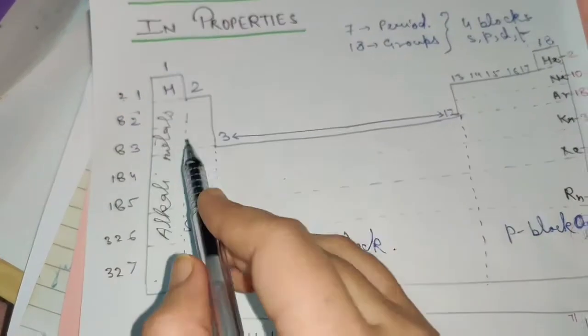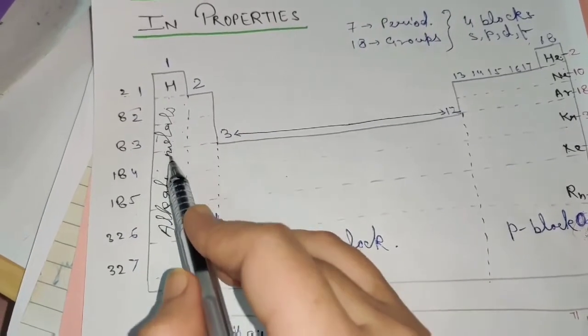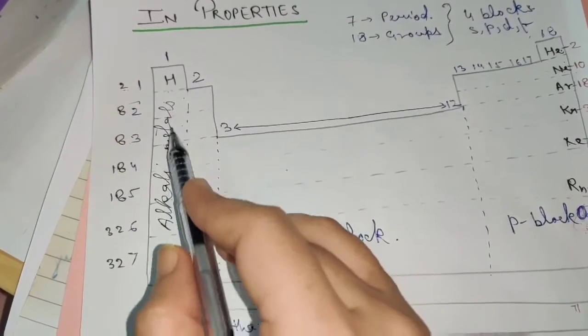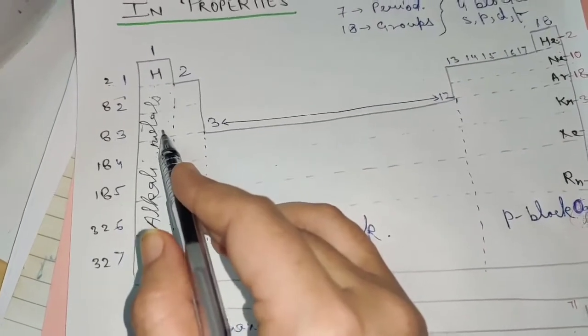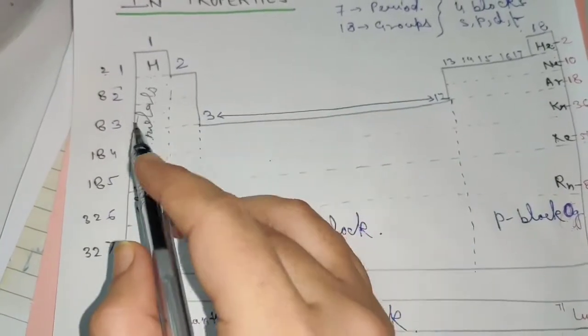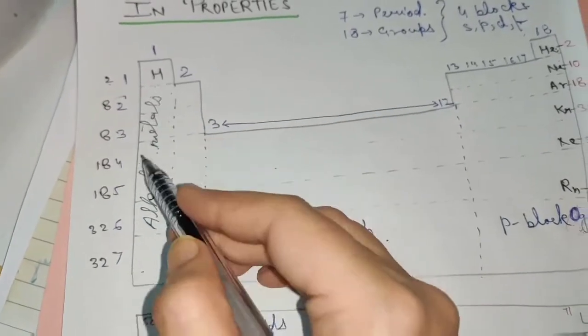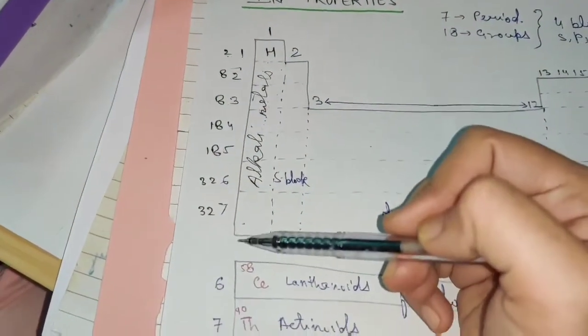Similarly, after sodium we have potassium. Potassium and sodium show a lot of similarity in their properties. Both are very reactive, highly reactive elements. So you will observe that after a certain interval, the elements with similar properties repeat themselves. Okay, so that is why they are grouped together in a particular group.